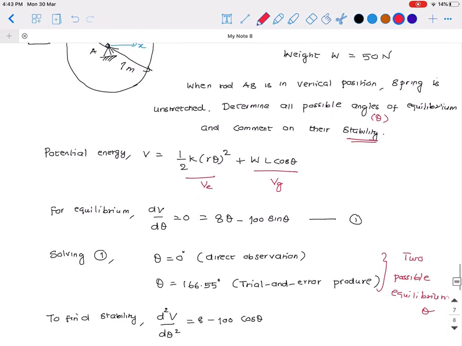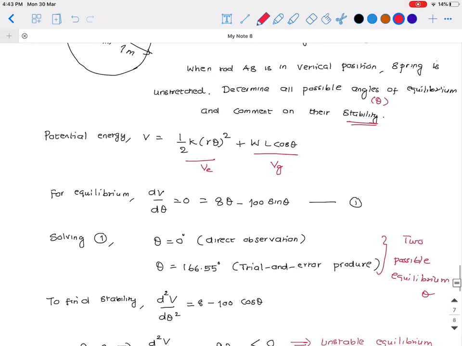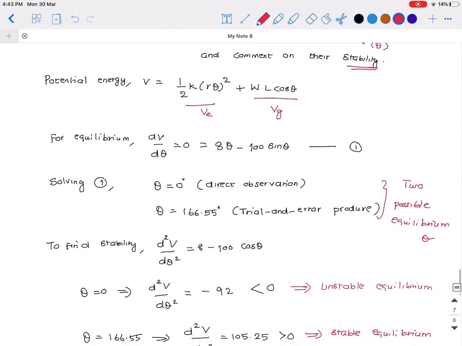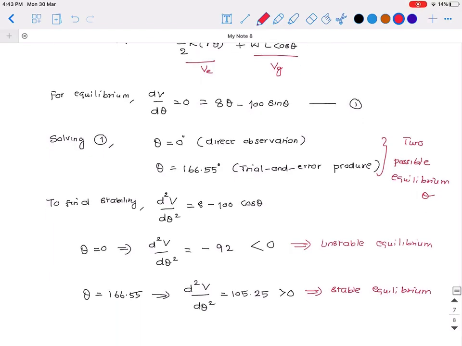Then you apply the equilibrium condition, which is the first derivative of potential energy, and then to find stability of the system, we investigate the second derivative of the potential energy. So this is the standard procedure. For this particular problem, we have found two possible equilibrium configurations. One of them is stable, another one is unstable.